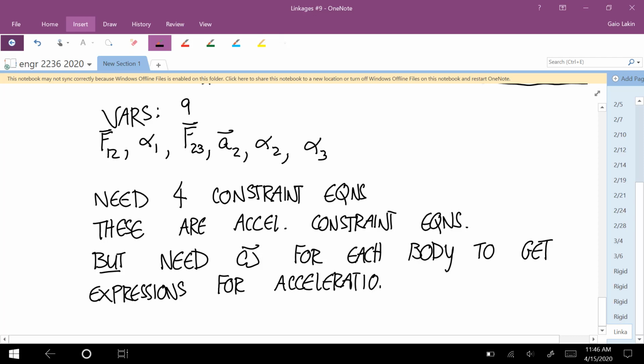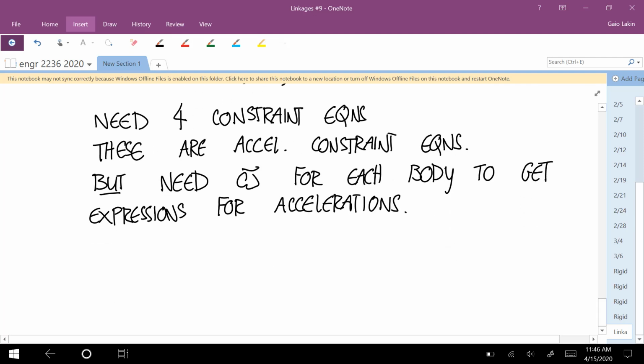And those constraint equations are going to work the same as the acceleration constraint equations. We're just going to say that the velocities at those joints have to match.